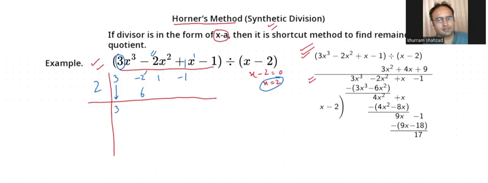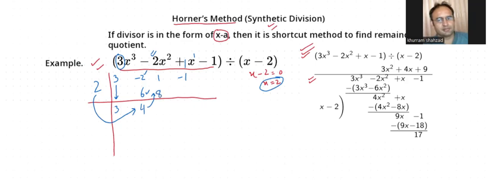Negative 2 plus 6 is actually equal to 4. Now, what will I do? I will now multiply again this 2 with 4, and then I will write the result here. 2 times 4 is 8, and I will write here 8.